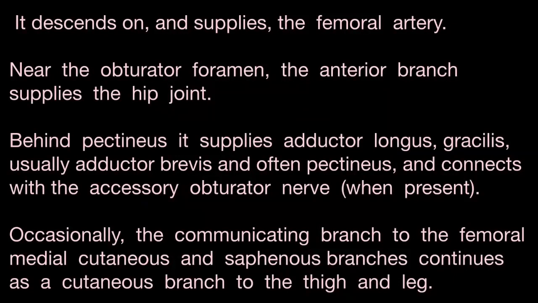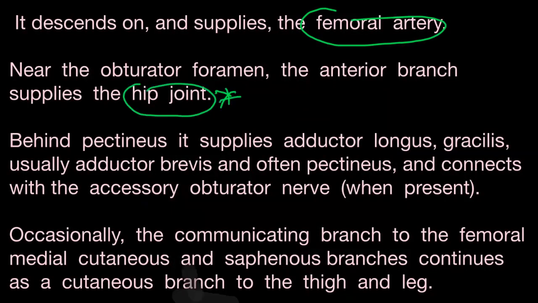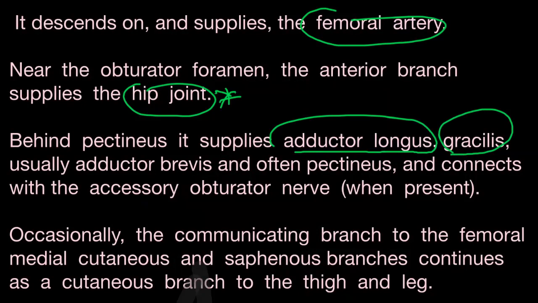It descends and supplies the femoral artery. Near the obturator foramen, the anterior branch supplies the hip joint. Remember that. Behind pectineus, it supplies adductor longus, gracilis, and usually adductor brevis, and often pectineus.